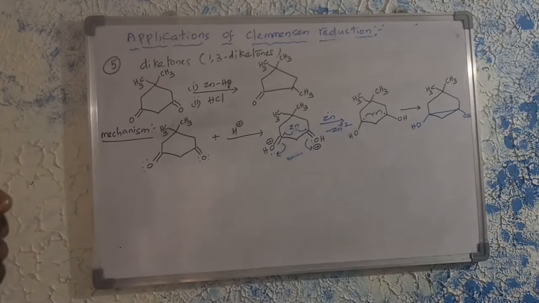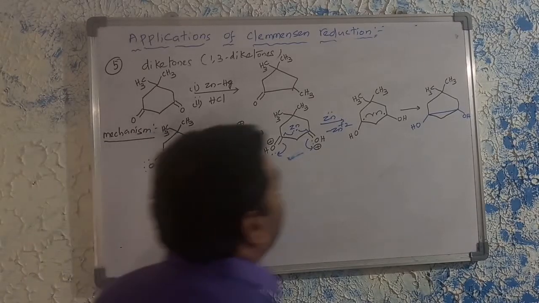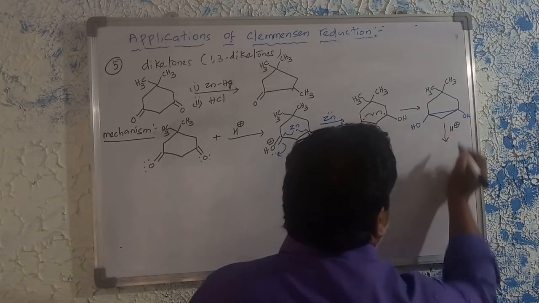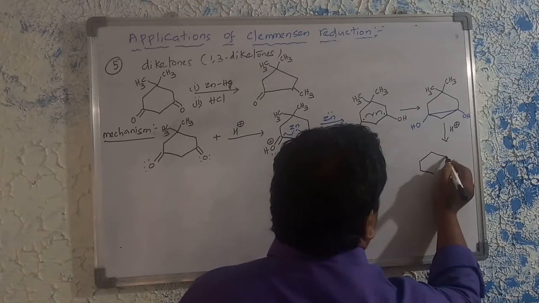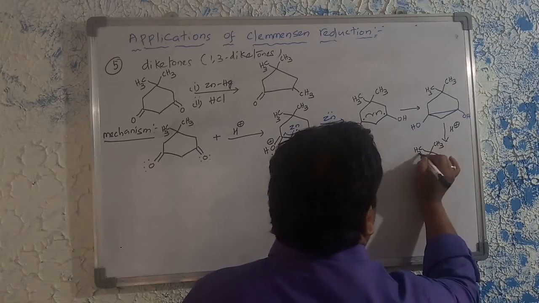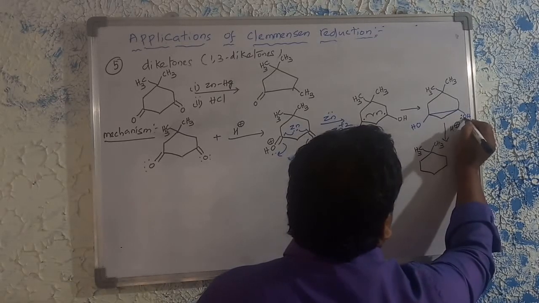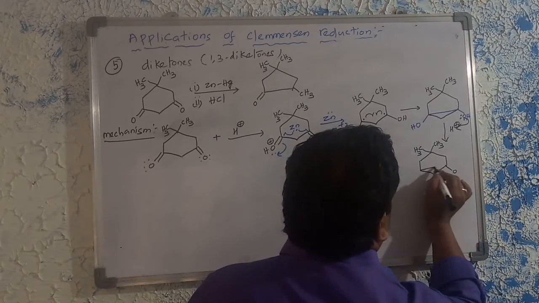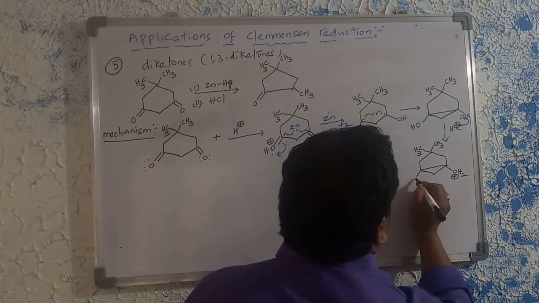So 1,3 carbon atoms undergo the cyclization process, and react again with H plus. OH converts into H2O. OH converts into H2O. This is OH2 plus, and this is OH.